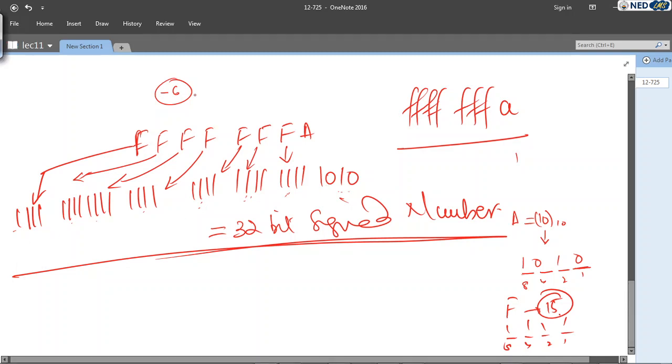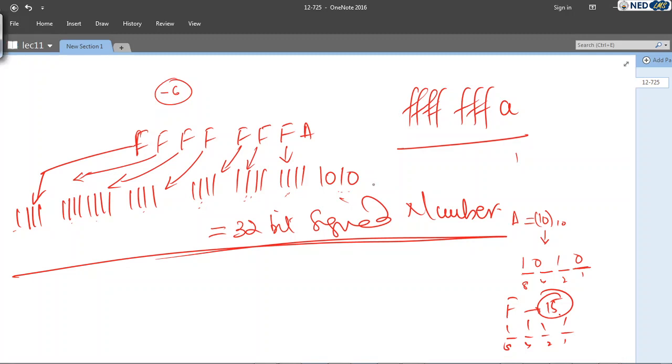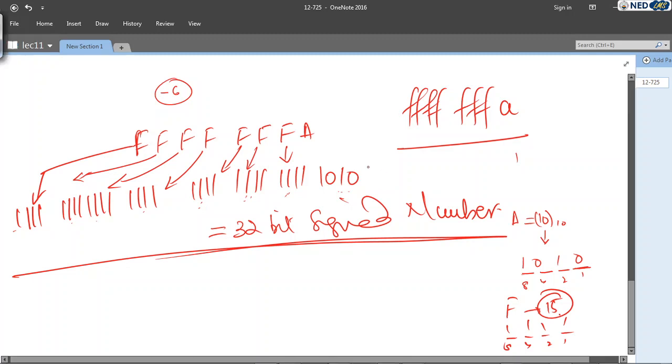This number is actually representing this -6. There is an easier way: if you want to know what this number represents, invert all the bits and add 1. You will get +6, which means the original number was actually -6. But for completeness' sake, I'm going to pause the recording and write all the placeholders.